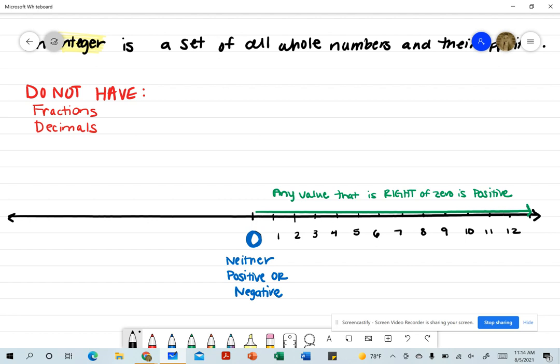What's really important is when we're working on the positive side, right, that as we continue to go right, numbers farther to the right or farther away from 0 have a greater value.